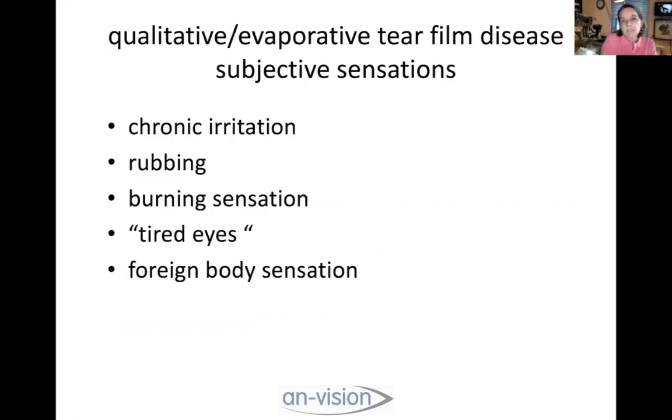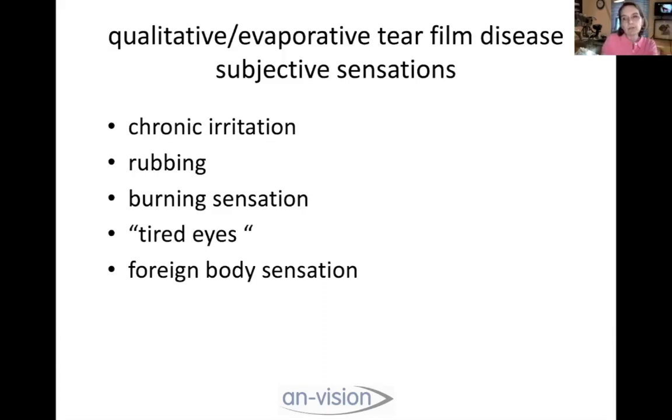The subjective sensations that the human patients talk about are chronic irritation, pain, rubbing, burning sensation, tired eyes. They want to sleep, they want to close their lids, they can't concentrate, and they have a foreign body sensation. They will say, it feels like sand is in my eye.